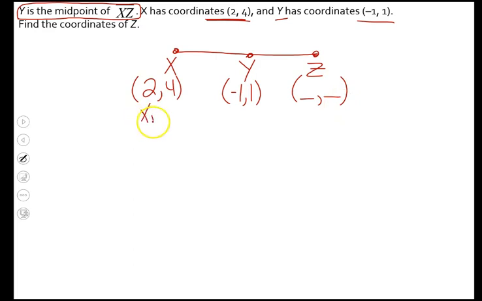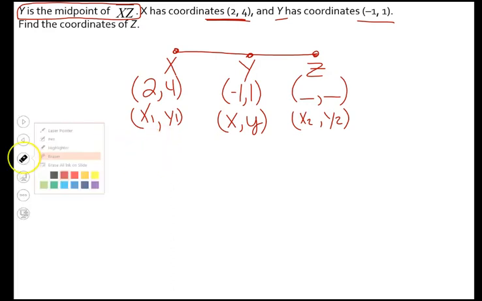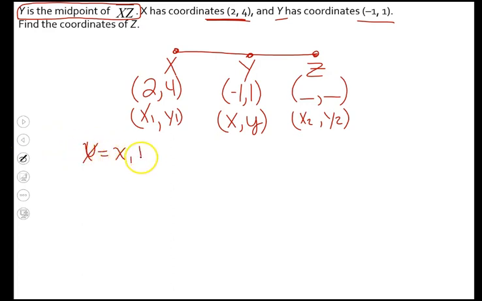Of course, we label x1, y1, x2, y2, and x, y. We're going to plug it into the formula. Sorry. Let's find x first. I'm jumping ahead. x equals x1 plus x2 divided by 2.